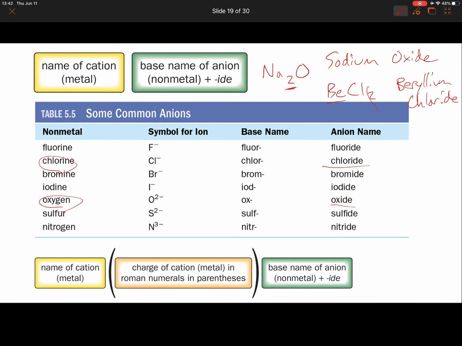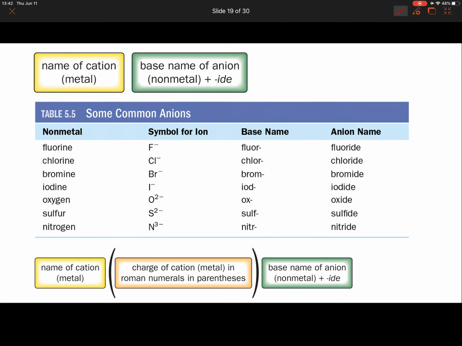We don't care about those little subscripts. Those subscripts are important because they tell us the charges, and that's something we need to know, but they don't influence the name as far as the anion goes.